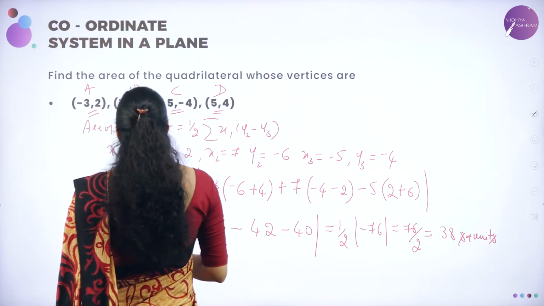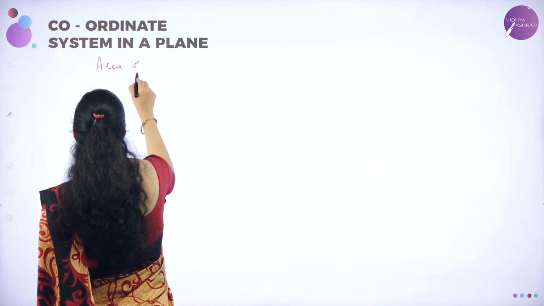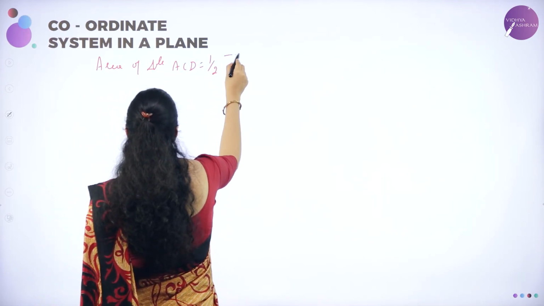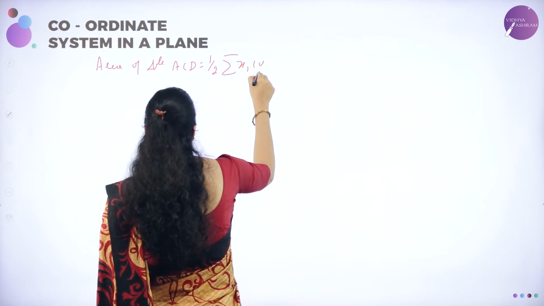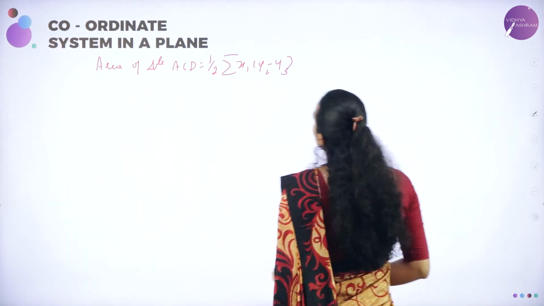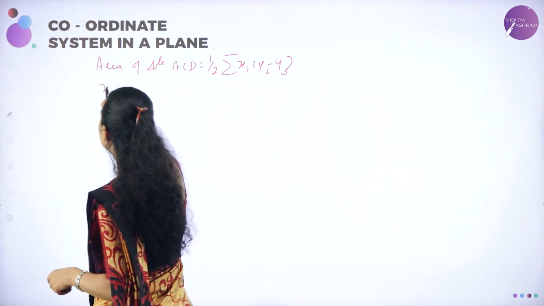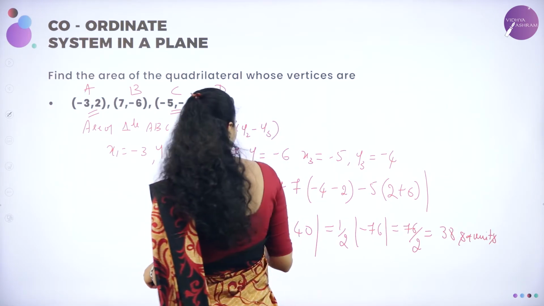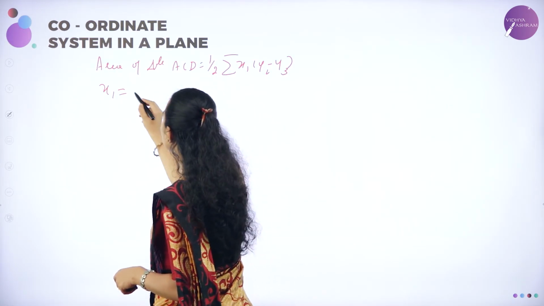Let me calculate that. Area of triangle ACD, half into summation of x1 into y2 minus y3. So let me write down the values. What are all the values? x1. x1 value you are going to get as A, minus 3, right? Yes, A is minus 3.